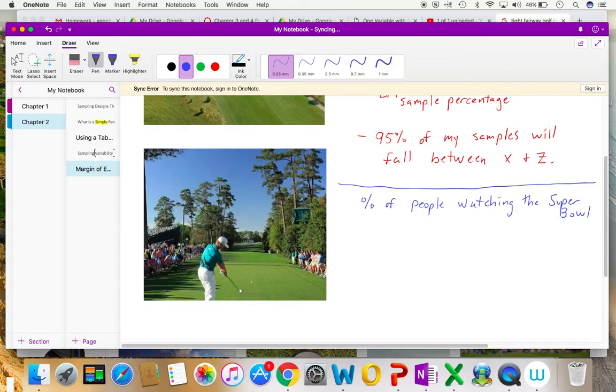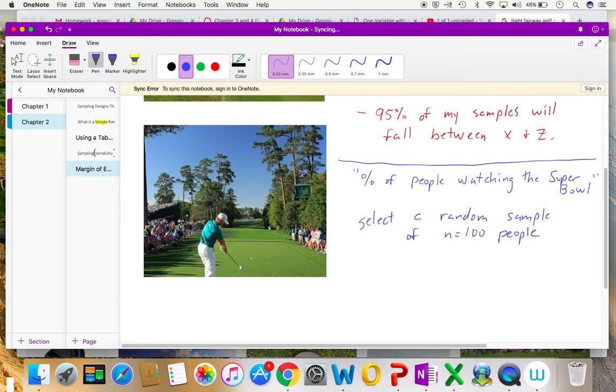So instead, I could select a random sample. We'll say we select a random sample of 100 people. Okay, and in that random sample, and again, we selected that randomly from all people all over the world.